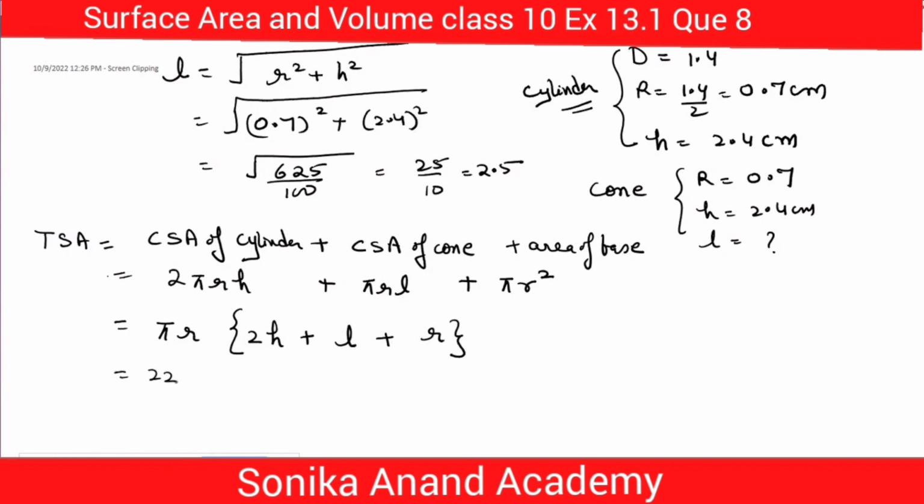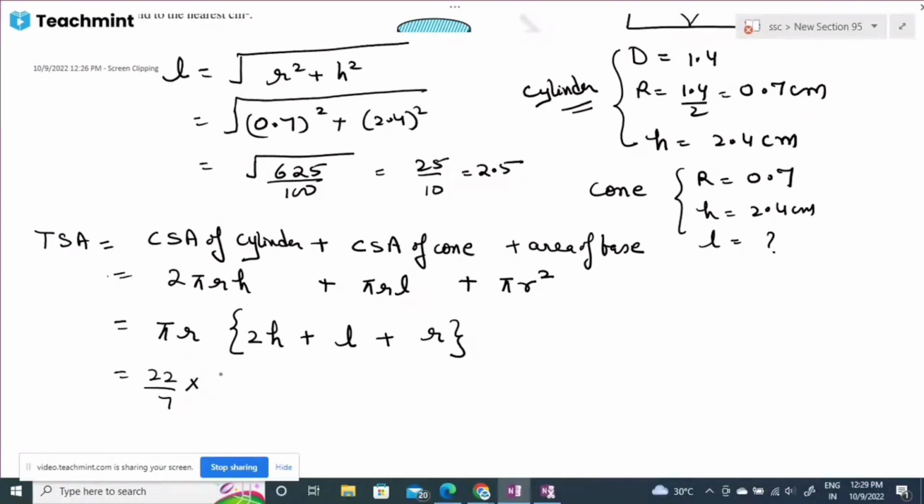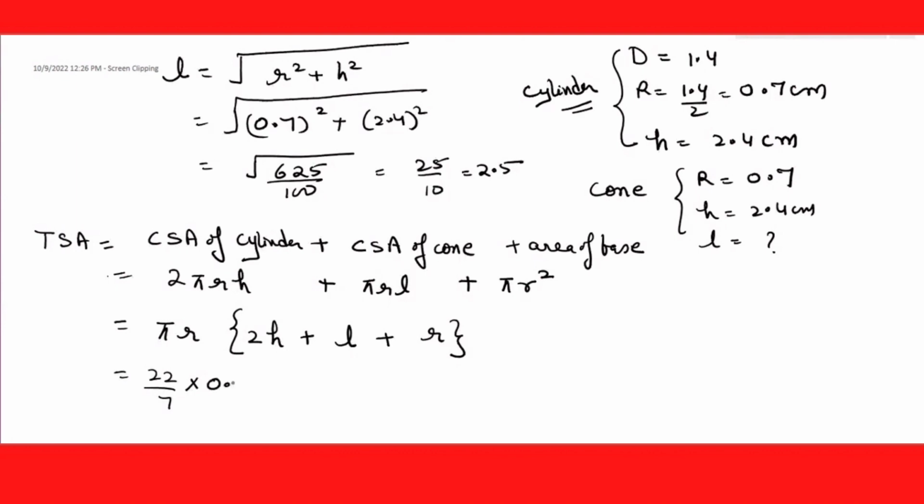That is 22 by 7 into radius 0.7, into 2 into height of cylinder, which is 2.4. Here slant length 2.5, radius 0.7.